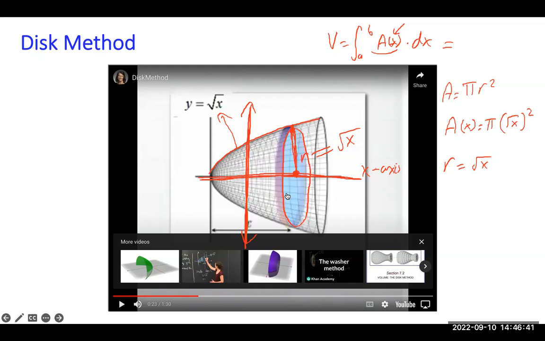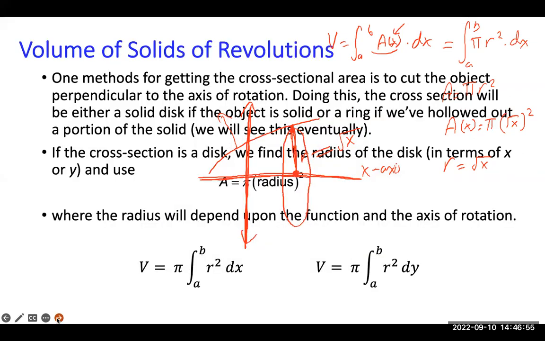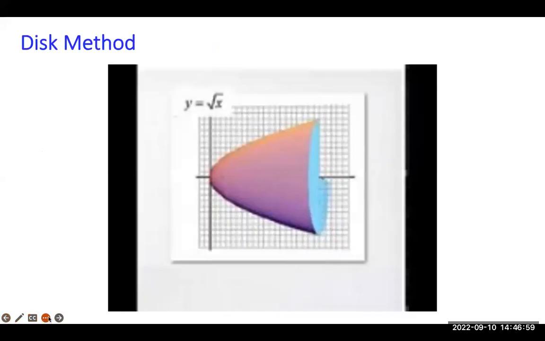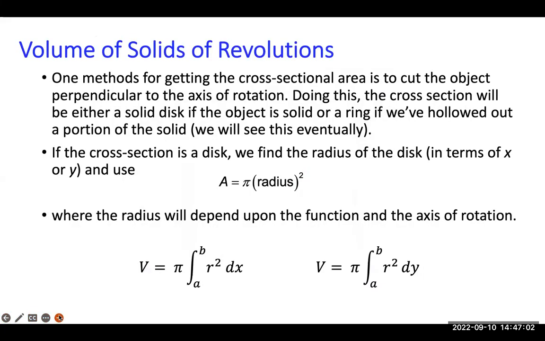And so up here, when I'm trying to find the area, I'm going to say the area is pi r squared times delta x from a to b. And this is going to be the general formula that we use. Anytime we're looking for the volume of a solid of revolution, the solid creates a cross-sectional area that is a circle.